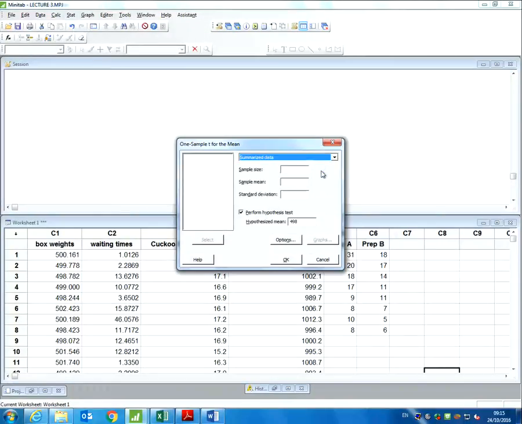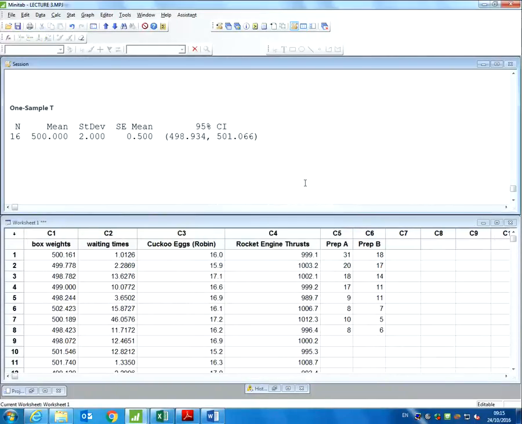I'm just going to use some summarised data. Let's imagine that we've got a sample size of 16, a sample mean of 500 grams, we'll use that example from last week, the box weights, a standard deviation of 2, and you'll see in options the default is 95% confidence. I would like you to interpret the numbers in brackets.